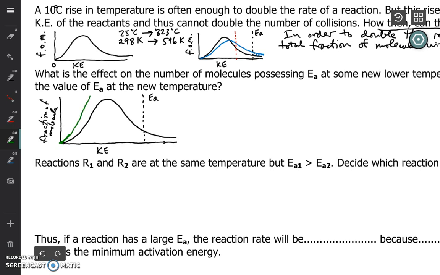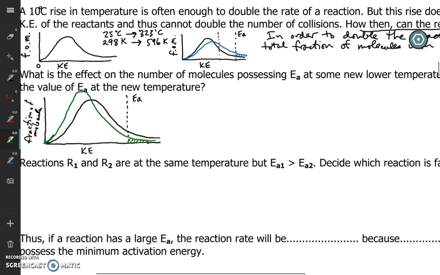The curve will be taller. The area has to be the same. And we see that the total fraction of molecules, the total number of molecules with activation energy or higher, with that minimum kinetic energy for effective collisions, that area of the curve is much smaller than it was before. And because of that, the rate of the reaction should decrease.